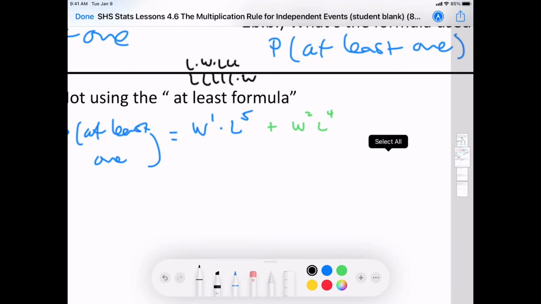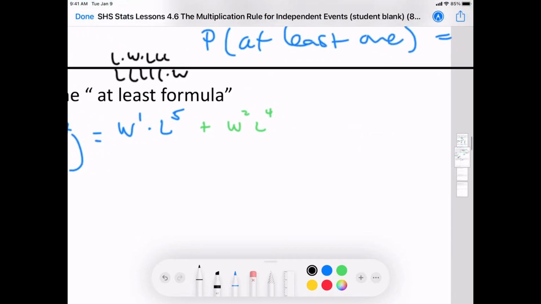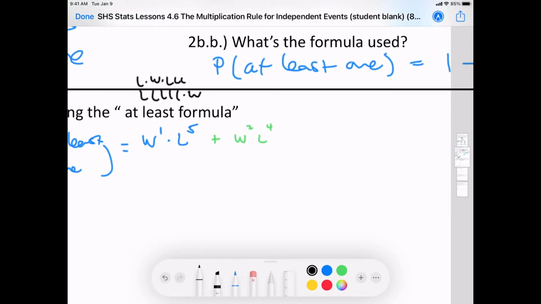Remember, we're talking about independent events, right? So what's the probability of just getting 1? It doesn't matter the order. 2 winners. What else we got? You can win 3 times because we just need at least 1 win, and count it.